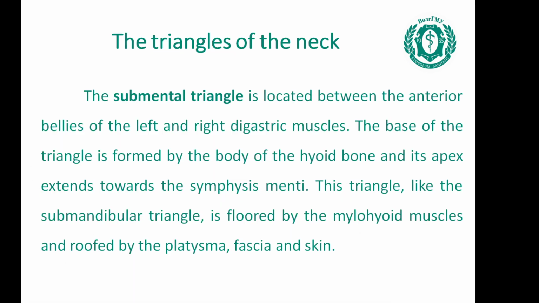The submental triangle is located between the anterior bellies of the left and right digastric muscle. The base of the triangle is formed by the body of the hyoid bone and its apex extends towards the symphysis menti. This triangle, like the submandibular triangle, is floored by the mylohyoid muscles and roofed by the platysma, fascia, and skin.